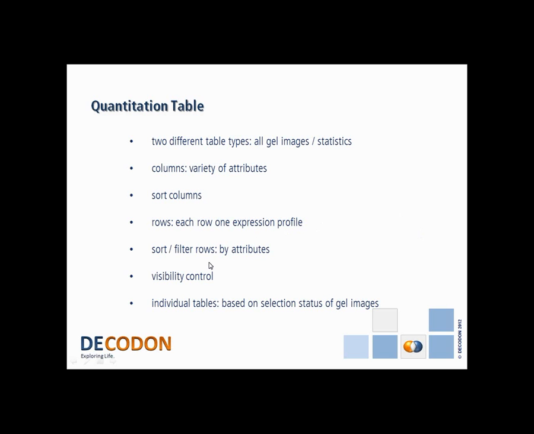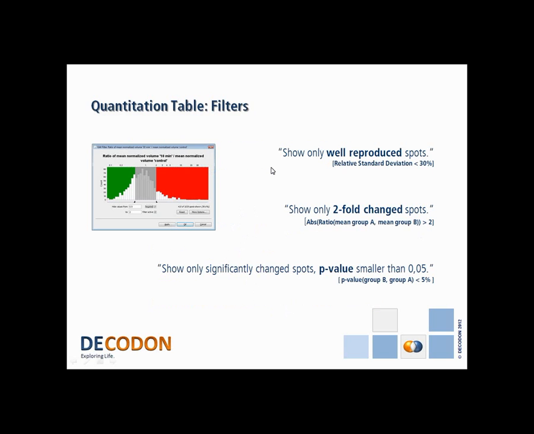Coming back to the presentation, I have already shown an example for filters. Of course, you can combine filters. You can combine that you want to exclude badly reproduced spots to concentrate on well-reproduced spots. So if you define a filter for the standard deviations for all the groups and limit standard deviation to 30%.